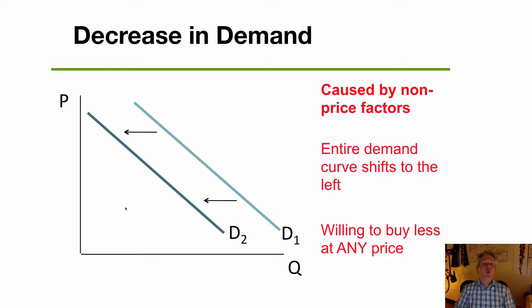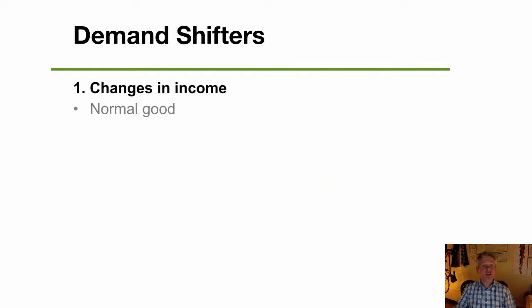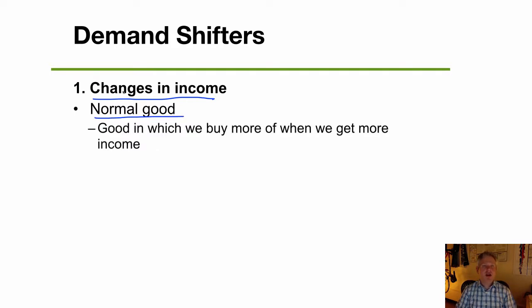So what are the things that shift demand? What are the things that cause these shifts to happen? Well, the first is a change in income. We're going to have two different types of goods, and changes in income affect those goods in different ways. For a normal good, an increase in income causes you to buy more.